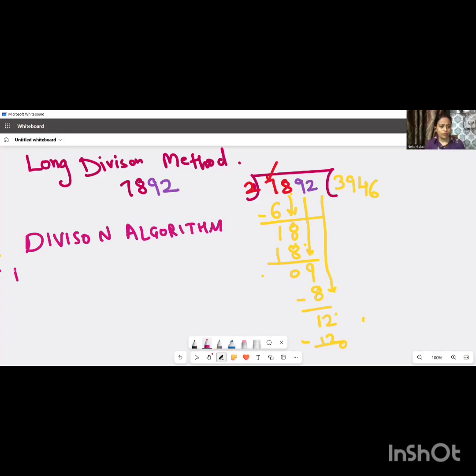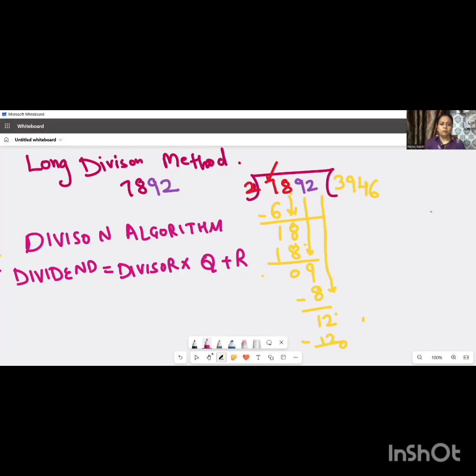Every time you will find our dividend, now you know what is dividend, always equal to our divisor multiply quotient plus remainder. Means if you put the value of divisor 2, quotient 3946, multiply them and add the remainder 0, you will get the dividend equal to 7892.